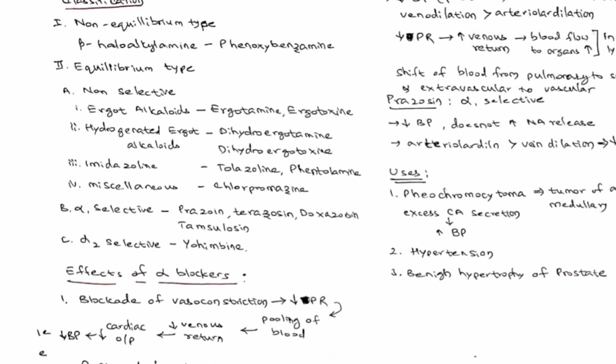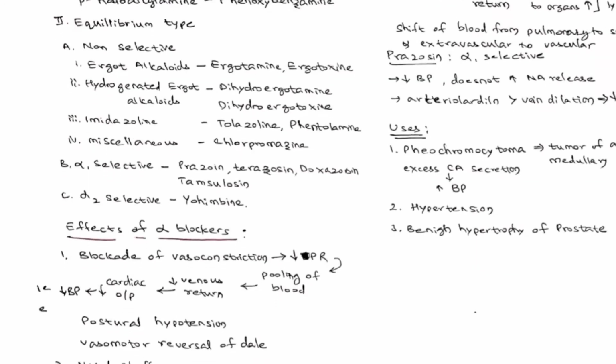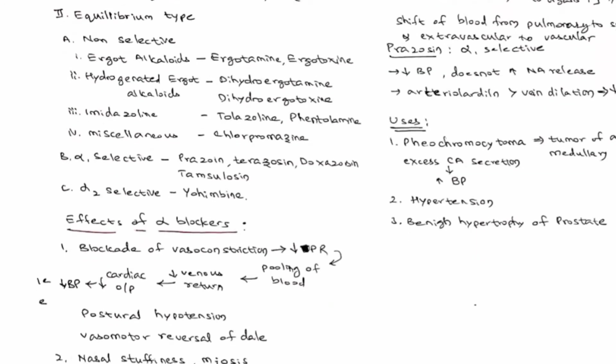Venodilation is more, leading to a decrease in peripheral resistance. Due to this, there is pooling of blood, leading to decrease in venous return and thereby reduced cardiac output, and BP decreases.